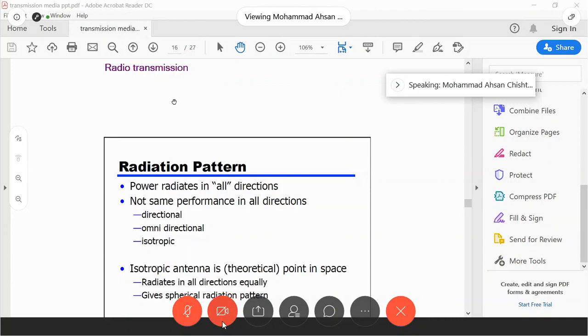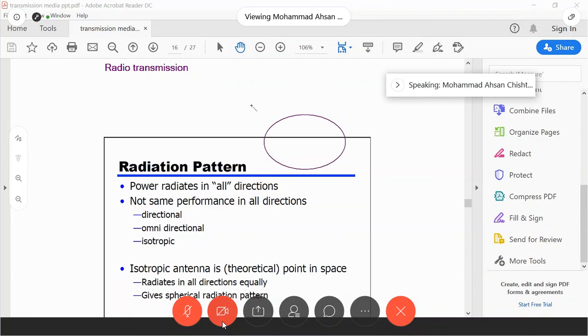Typically, there are ground waves by which radio waves can be sent. Let me draw a figure here. This is the Earth.